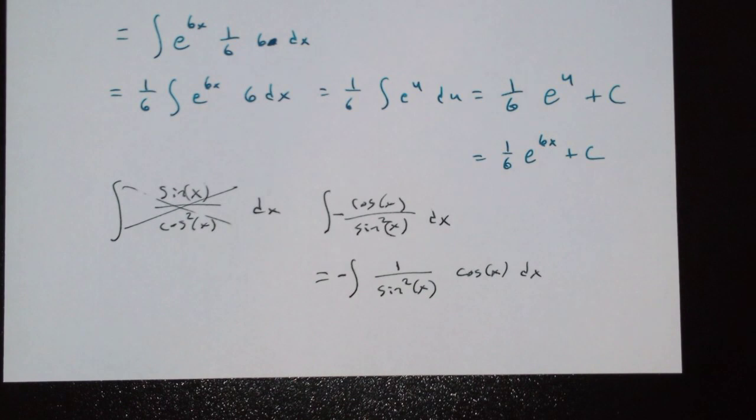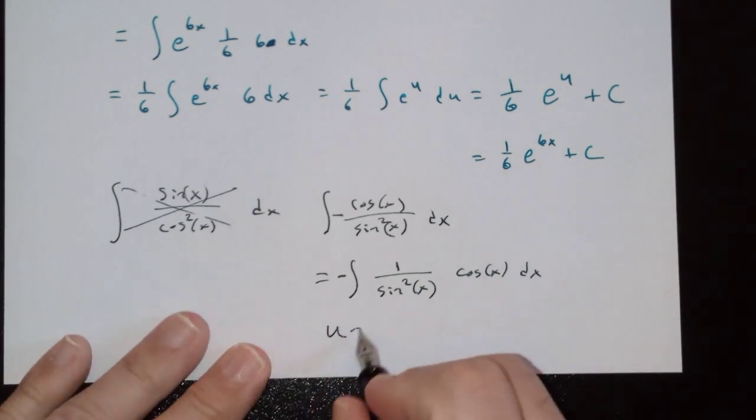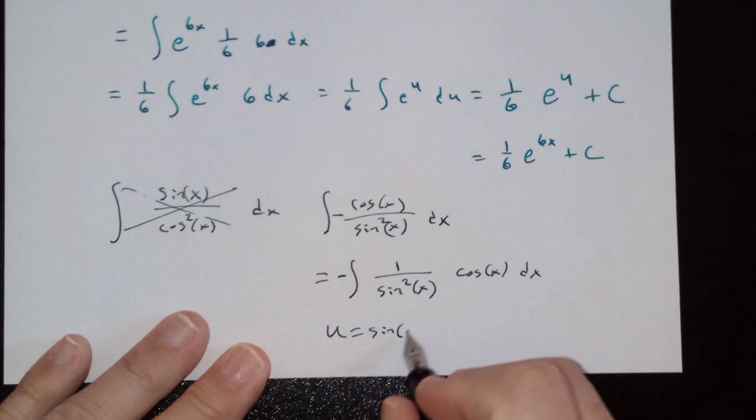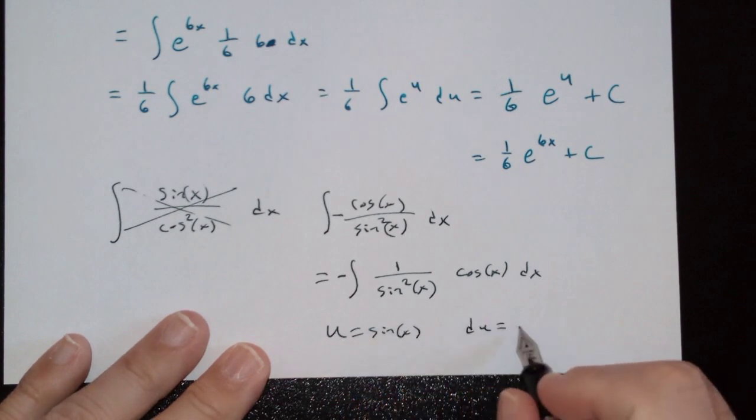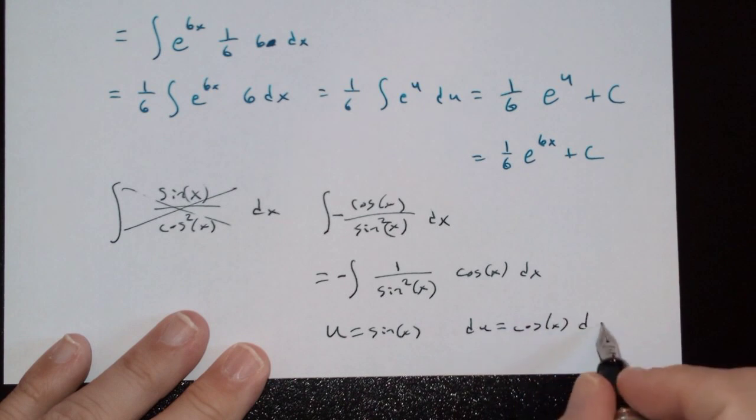What's the derivative of sine of x? It's just regular cosine. The derivative of sine is cosine. So I could make a substitution. If I let u equal sine of x, then du is cosine of x dx.